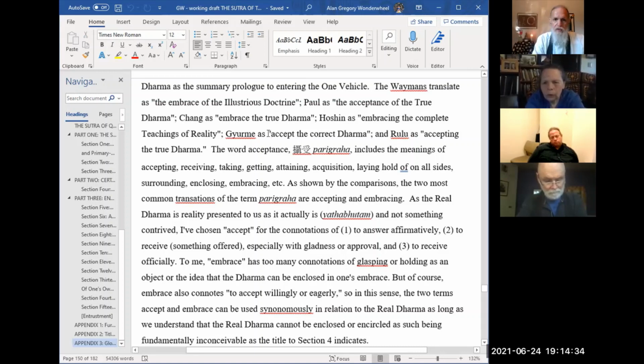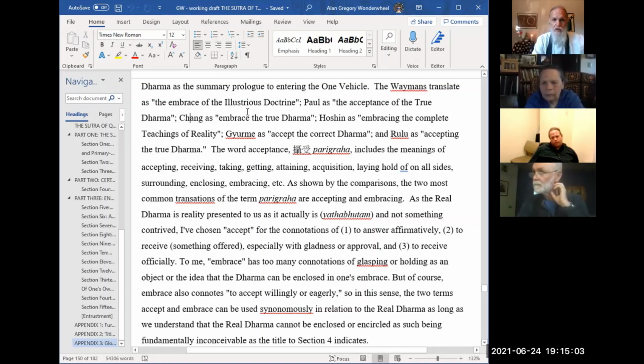Guillaume has accept the correct Dharma. Rulu has accepting the true Dharma. So you see that most of them have embracing or accepting, which are all valid translations of that first term. But the complete teachings of reality and the illustrious doctrine are some of the odder translations in my mind.